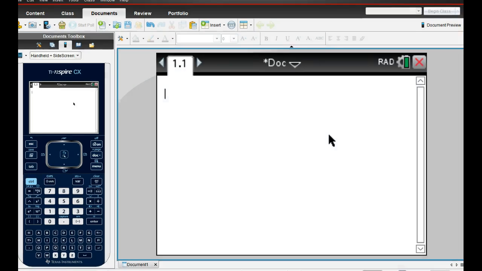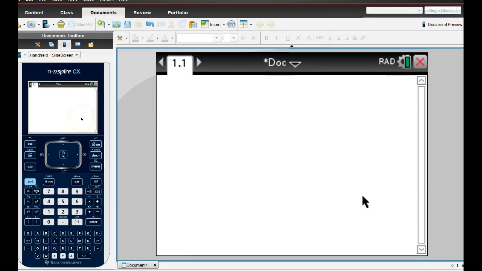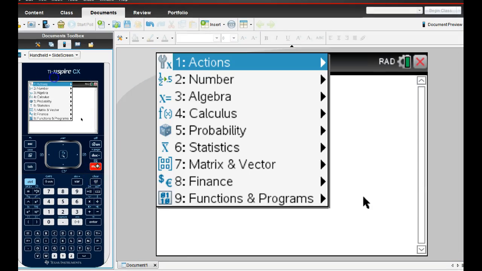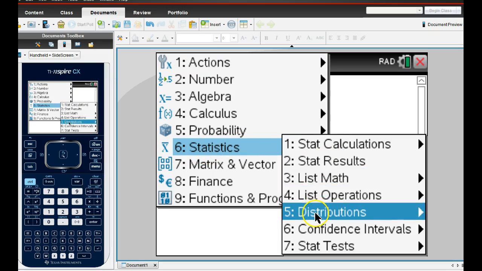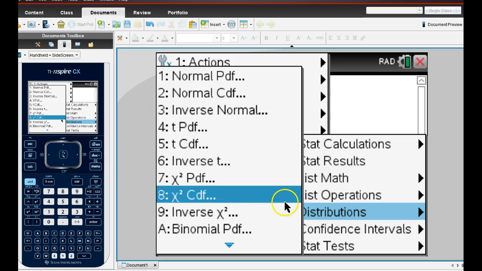So let's go to the calculator, open up a calculator page. And when you do that, you're going to hit Menu, Statistics, Distributions, option number 5.